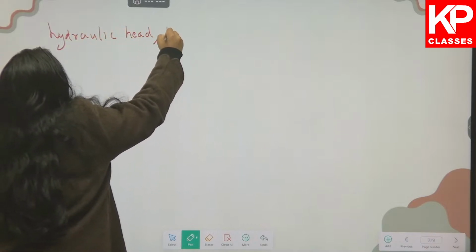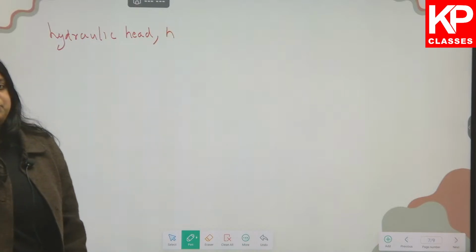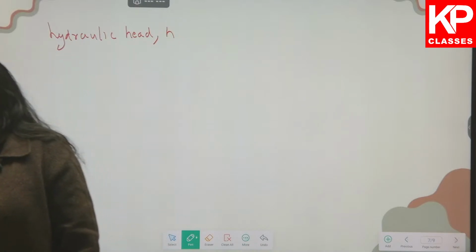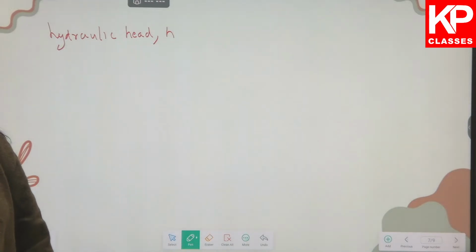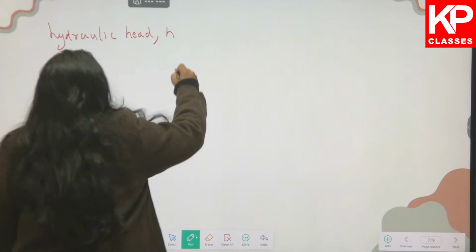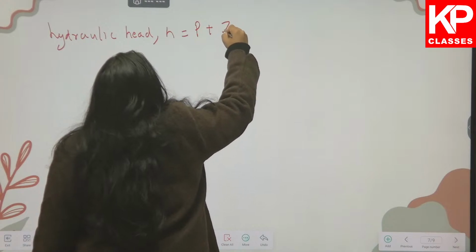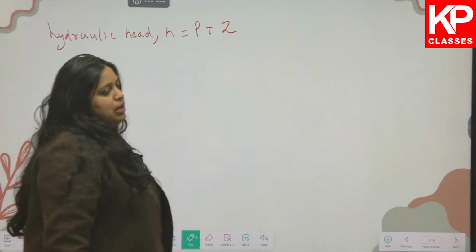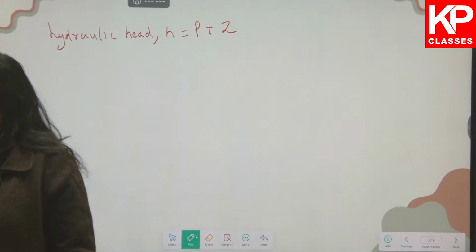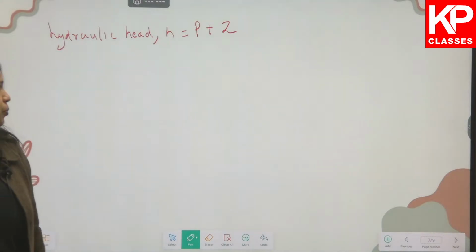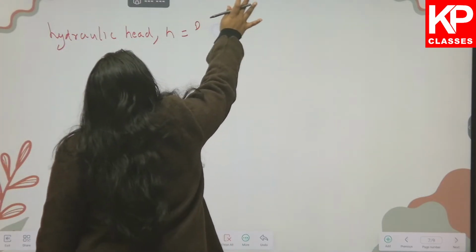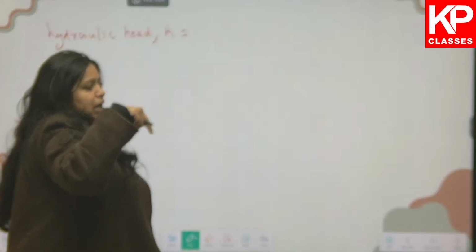Hydraulic head, which is notated by the letter H, is equal to the pore water pressure P plus the elevation head Z. The pore water pressure depends upon the water column height.